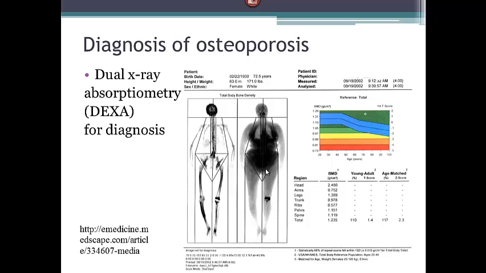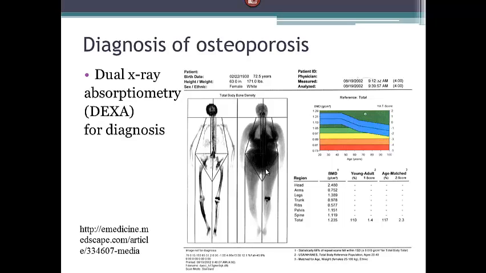Treatment, remember that risk factor modification is the most important. You should add calcium and vitamin D supplements. Remember the anti-resorptive drugs, which are the bisphosphonates, hormone replacement therapy, selective estrogen receptor modulators, and RANK ligand inhibitors.